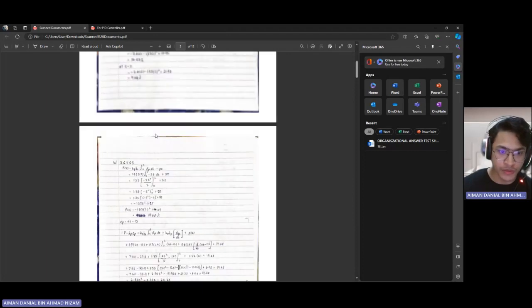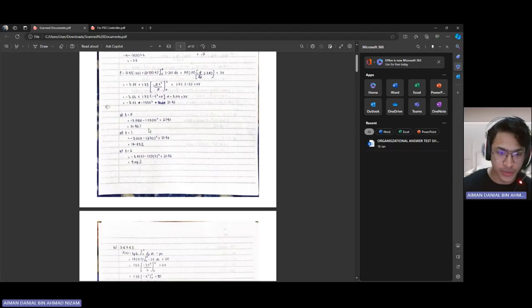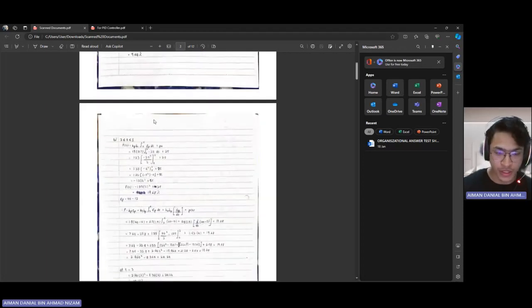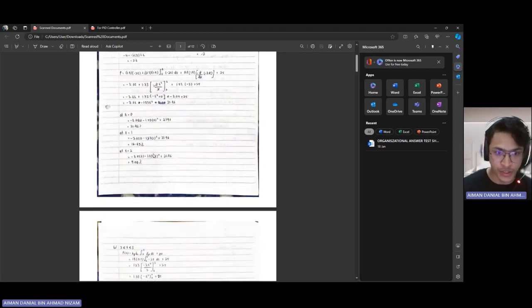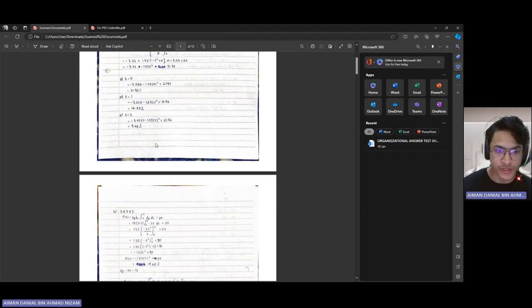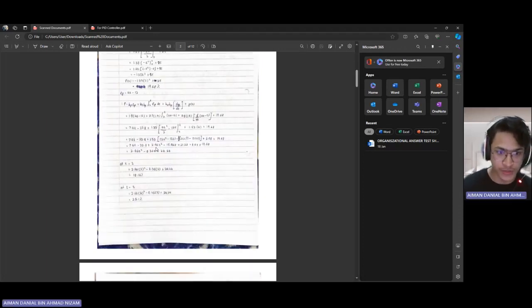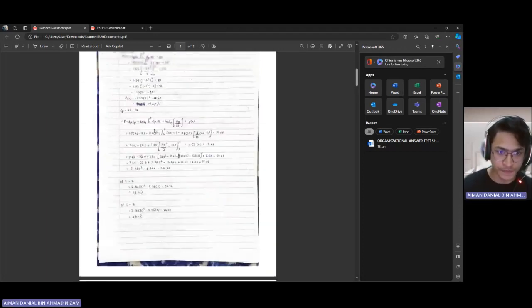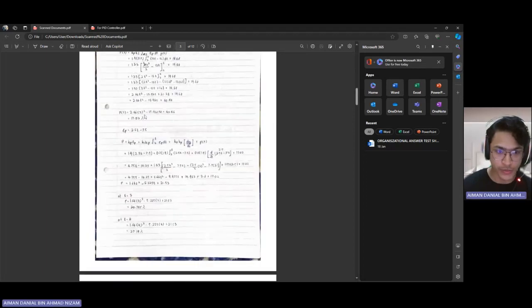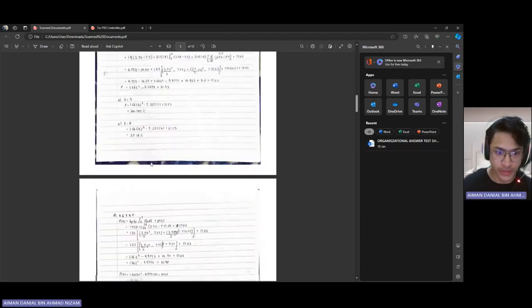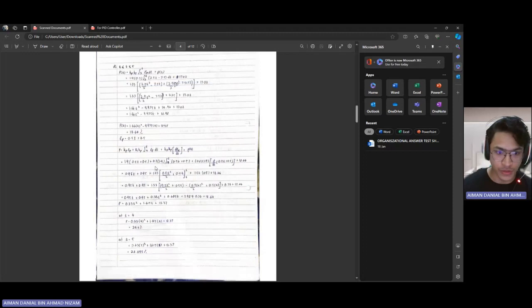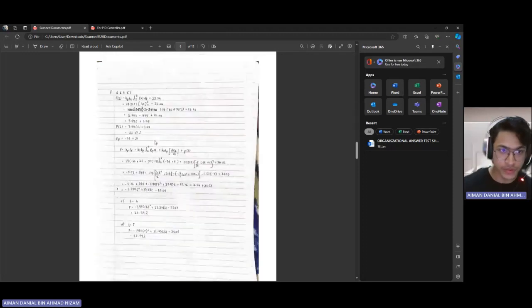So within the information above, to determine T, I use the same information, and for the next question, I use the previous question information. So it's actually a chain of a question. It relates between each other. So as we can see here, and here I'm using all the same equations.